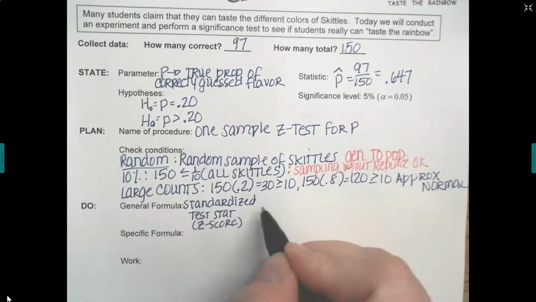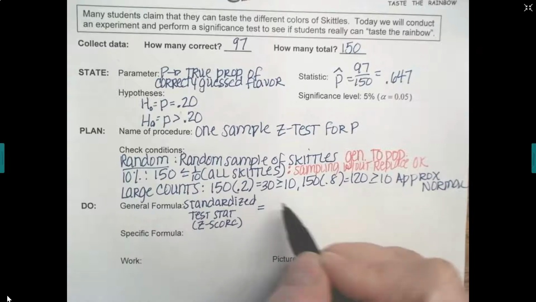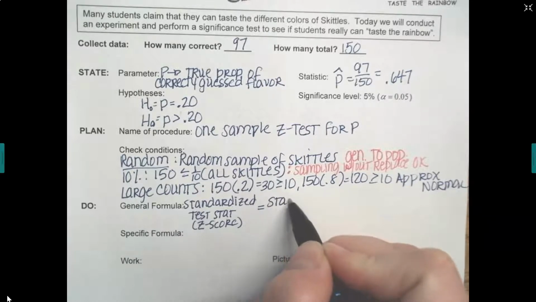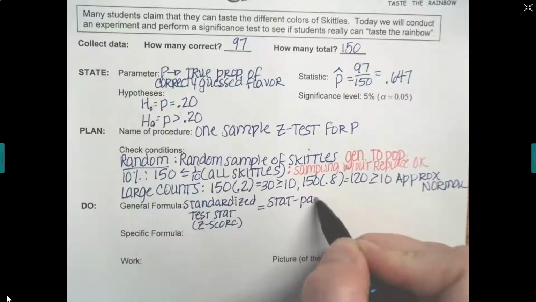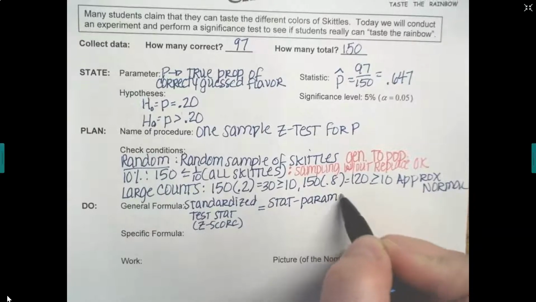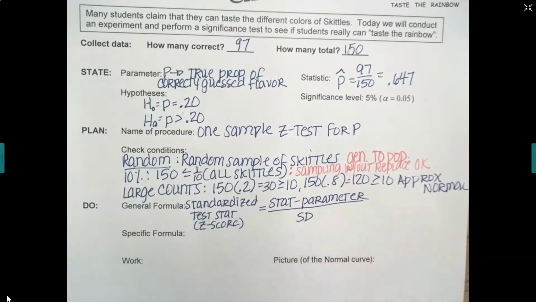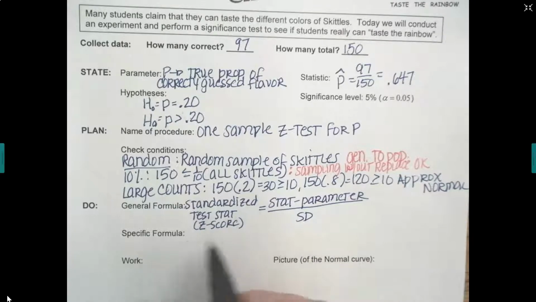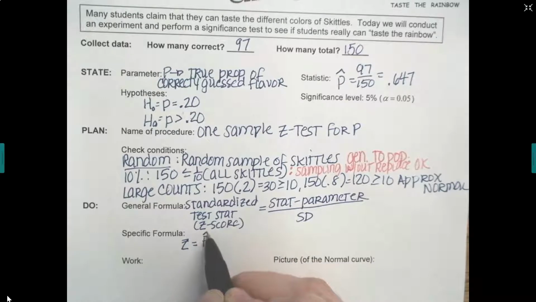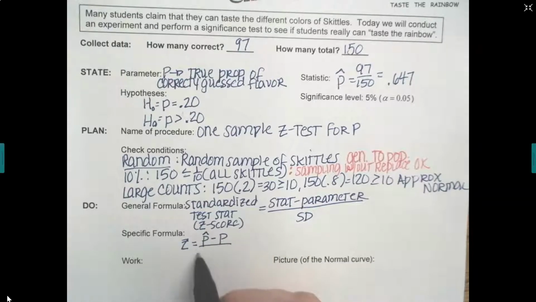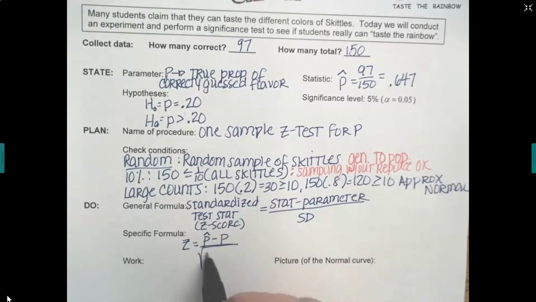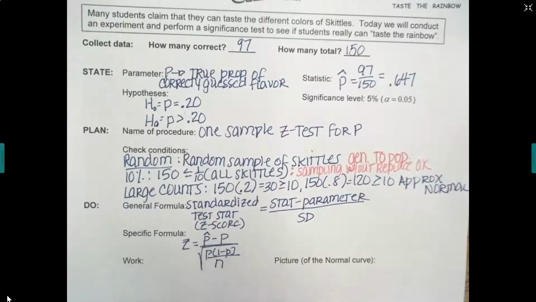Okay, and to find the z-score, you take your statistic minus your parameter, and then you divide it by your standard deviation. So in this case, that looks like z equals p hat minus p, divided by the square root of p times 1 minus p divided by n.